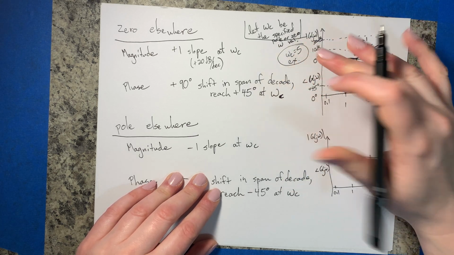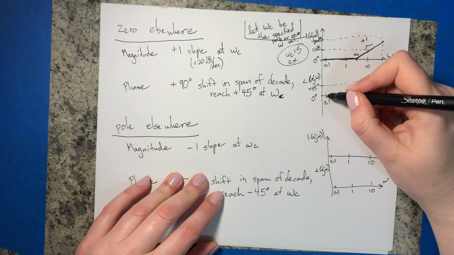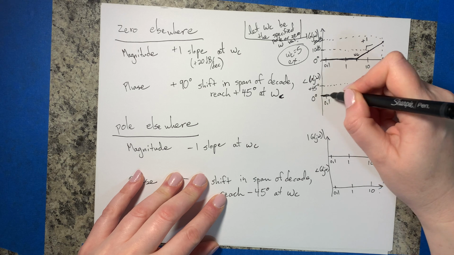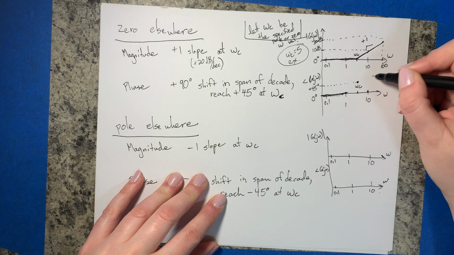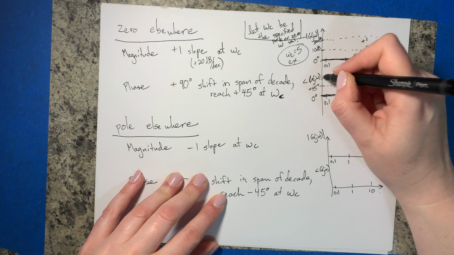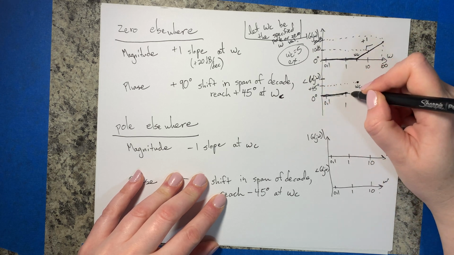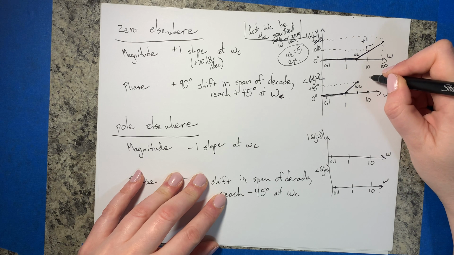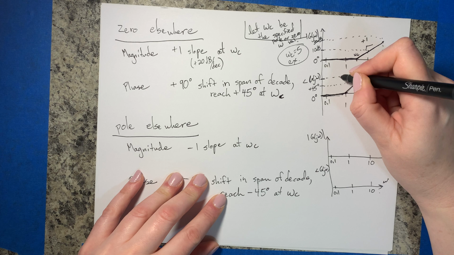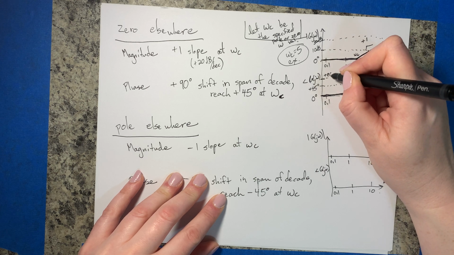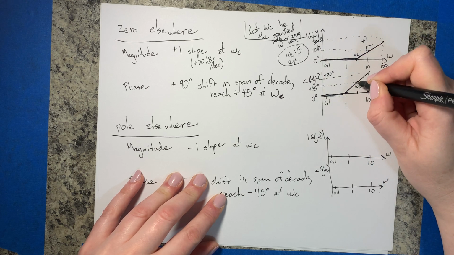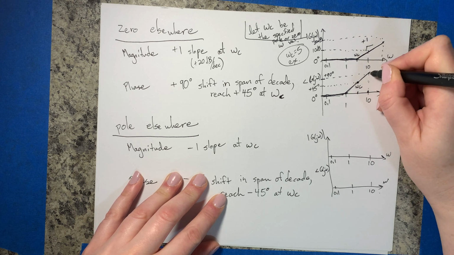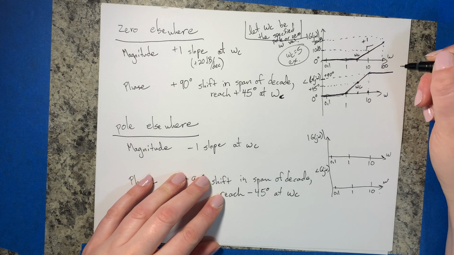So yes, this is a very specific example, but I'm just trying to show you the effect. 0 degrees is where we start out, and then we reach this decade. And then this is where we will start our overall increase. We will reach 45 degrees, halfway of the effect, by the time we're at omega sub c. And at the end of the decade, we should have our full effect of +90 degrees. Okay, if nothing else happens for this plot, it just stays at +90 degrees.